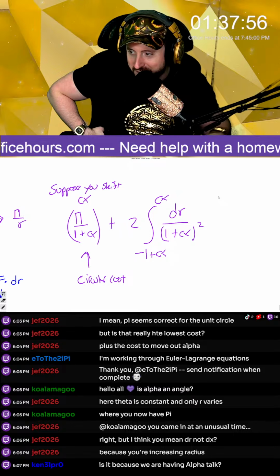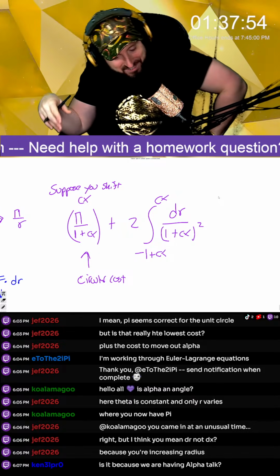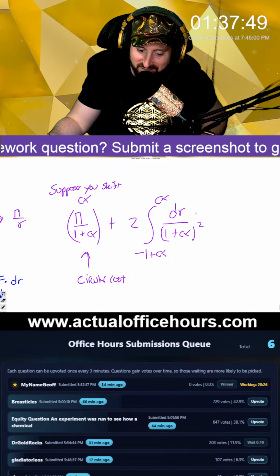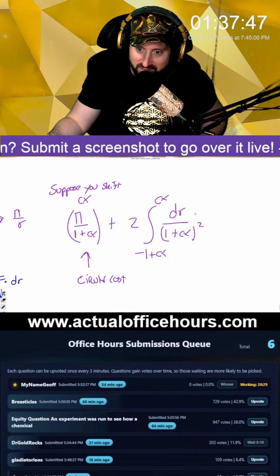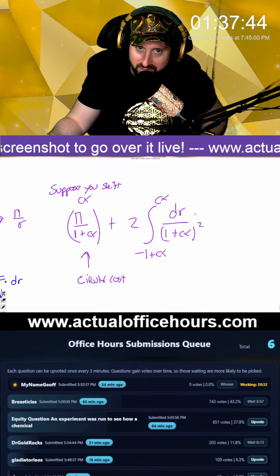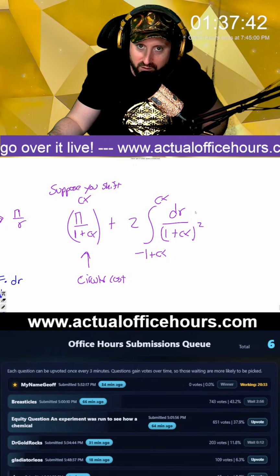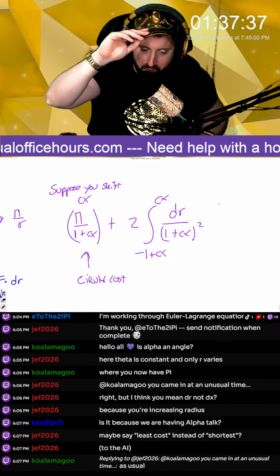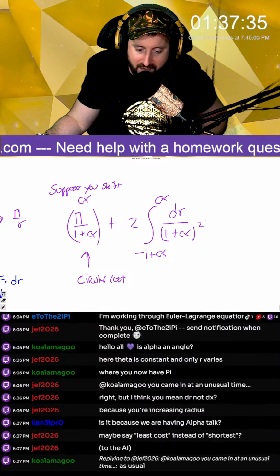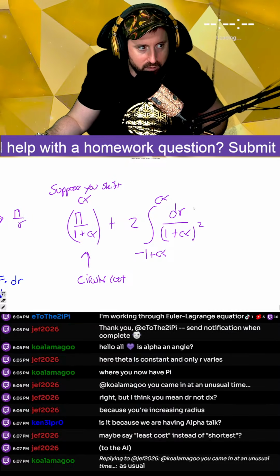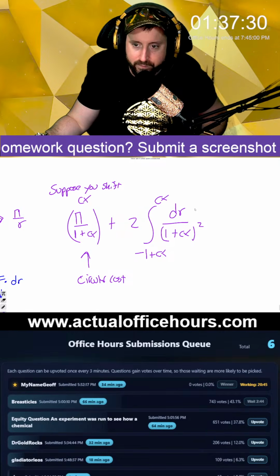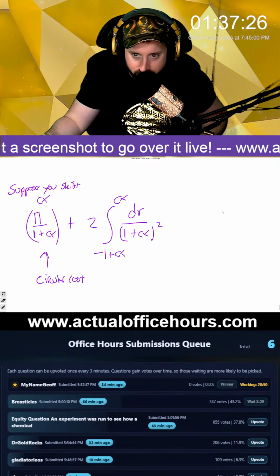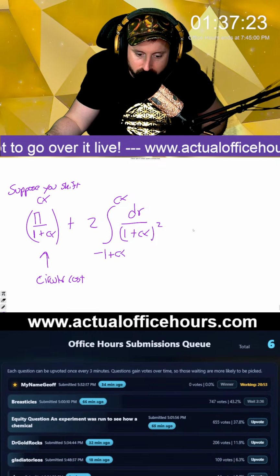Maybe say least cost instead of shortest. Yeah, it's not about the shortest path, because the path has a cost dependence on radius, and it's not linear with radius.